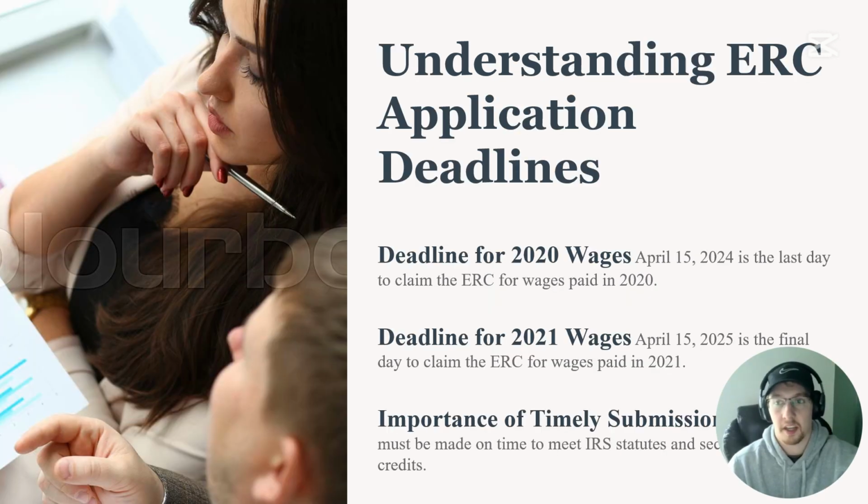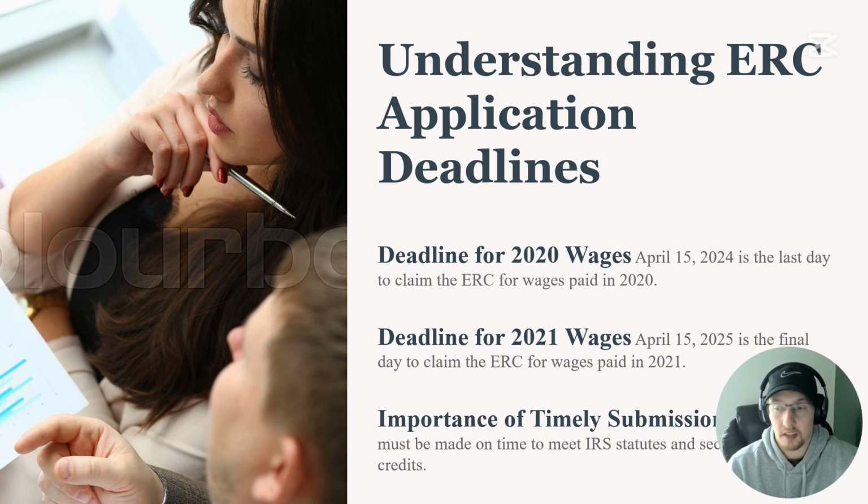Let's talk about understanding the ERC application deadlines. The deadline for 2020 wages has unfortunately passed. April 15, 2024 was the last day to claim ERC for wages paid in 2020. And that's pretty typical. Normally there is a 3-year look-back period for payroll tax amendment forms.